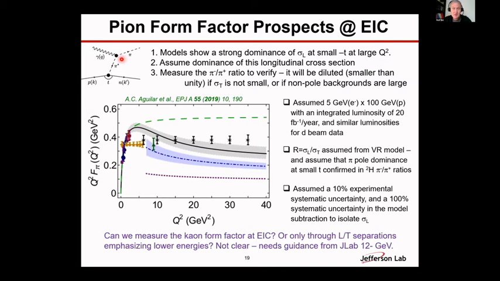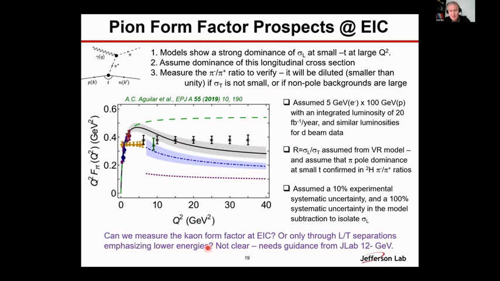But normally what we do is an LT separation to isolate the pole term, which dominates the longitudinal cross section and gives you most access to the pion form factor. What we do in this case is measure the pi minus and pi plus ratio. Again, if the pole is dominant, this ratio is unity. If it's not unity, then other terms are coming in. So it gives you insight on the form factor. So that's what we do in this case.